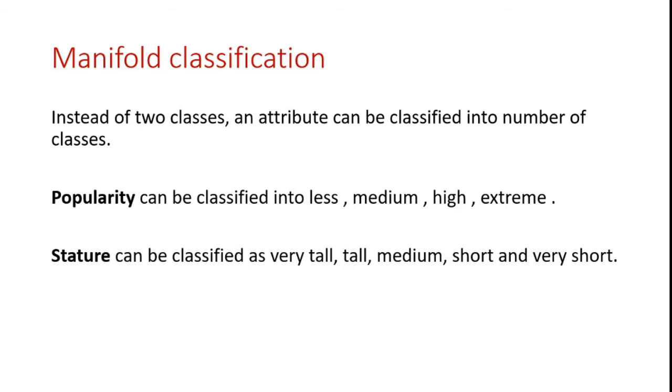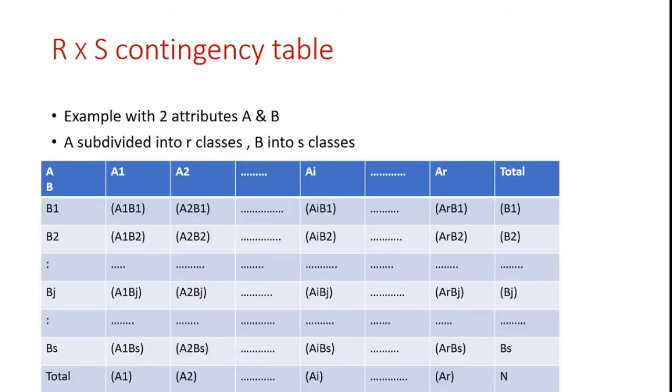So that is called manifold classification, and this is where the chi-square test is so important, and we will deal with one problem that I showed you initially. For manifold classification, say we have 2 attributes here, A and B, but they are subdivided into multiple classes. So A is subdivided into R classes, B into S classes.